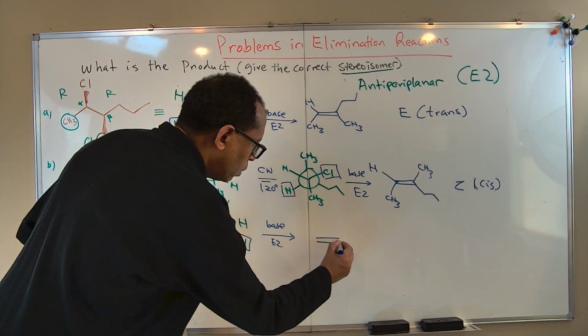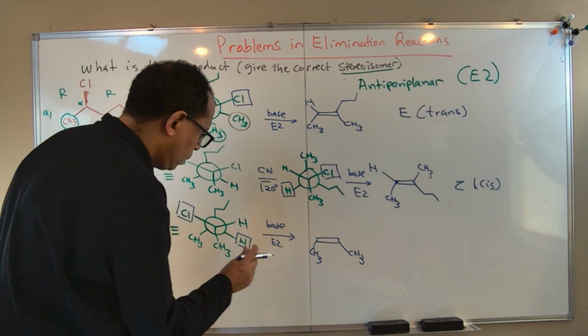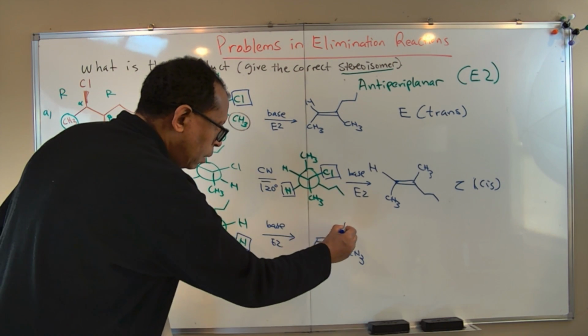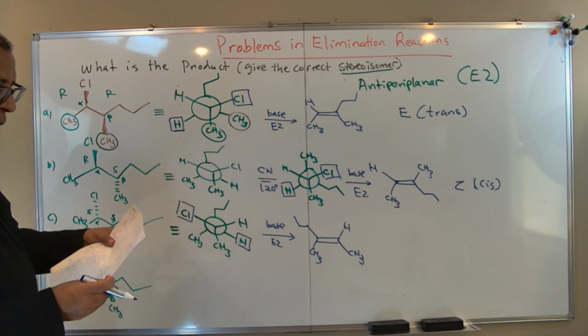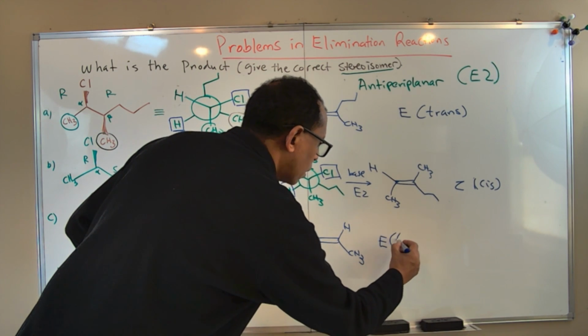That is, two CH3s are on the same face, and that hydrogen and the propyl are on the same side. So this would give me an E isomer, which is trans.